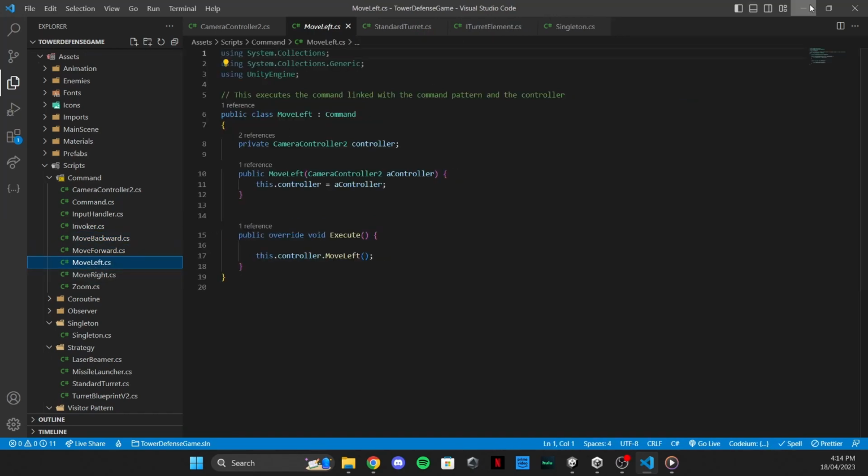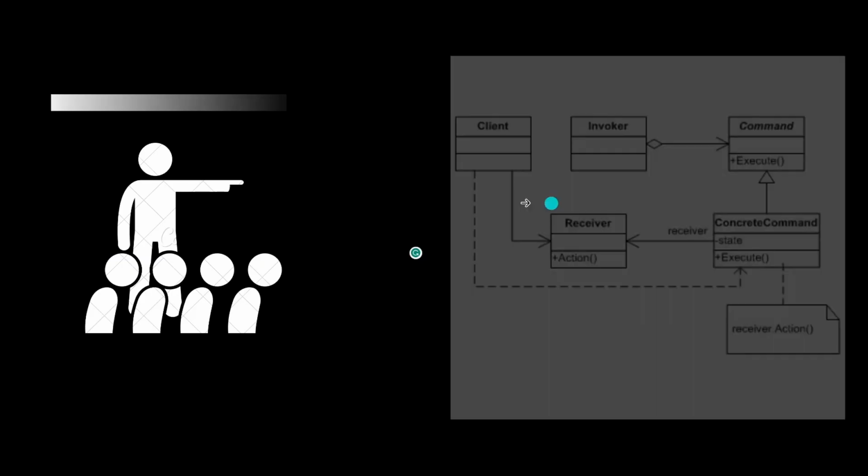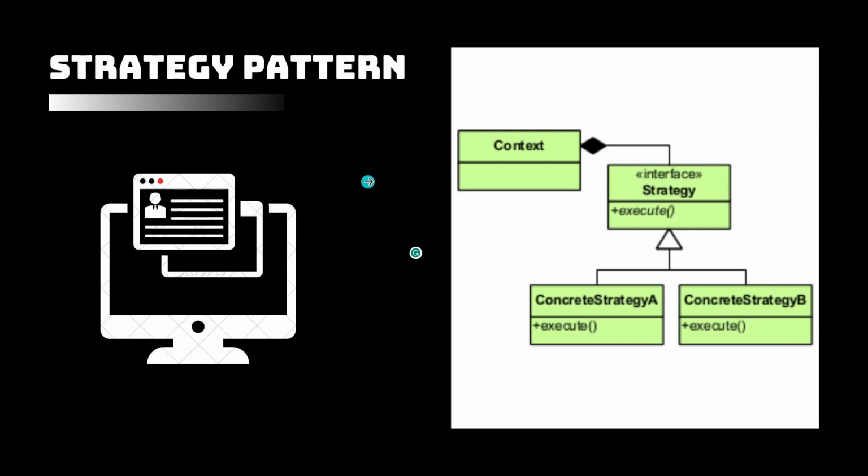Now, let me talk about the second design pattern, which is the strategy pattern. In our tower defense game, we have different types of turrets. These turrets have different costs and upgrade costs.